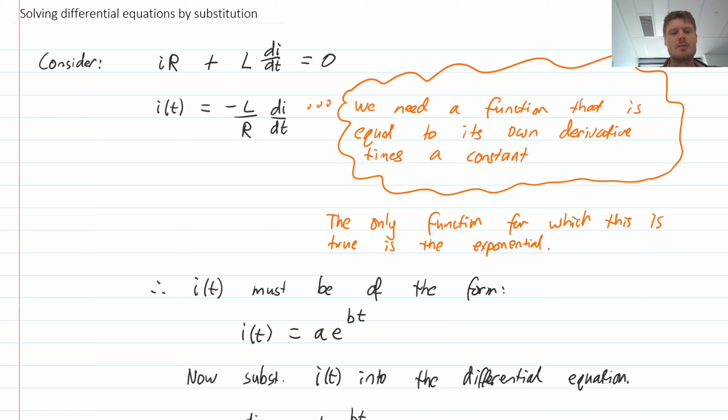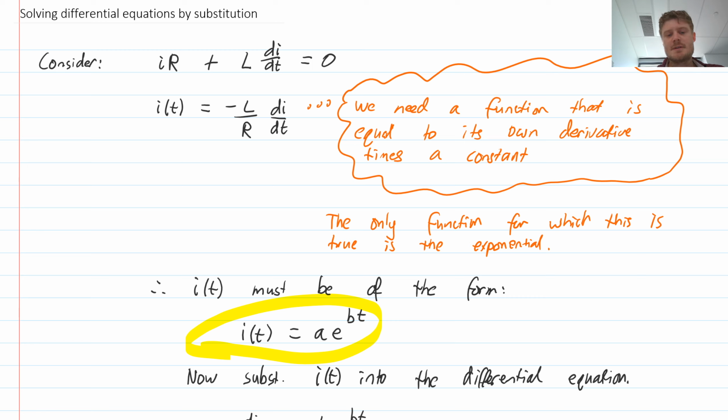This is one way that you can approach solving differential equations, and the only thing it really requires is this leap of faith where you recognize that because you have a first order differential equation, the solution is always going to be an exponential. That's true for every first order DE with constant coefficients.